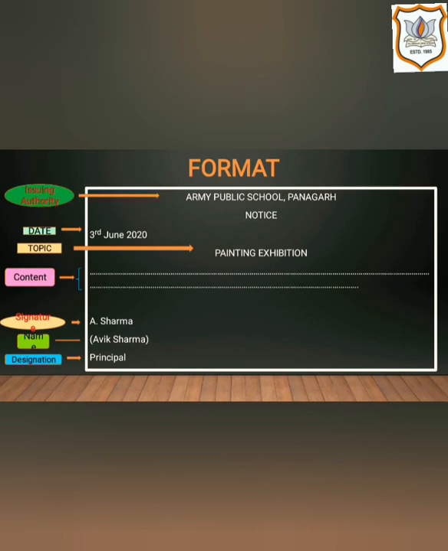You can see that the notice is written in a box, right? As we read in the salient features of notice writing, we have written the name and address of the issuing authority, that is Army Public School, Panagar, on the top, and under it the word notice is written.